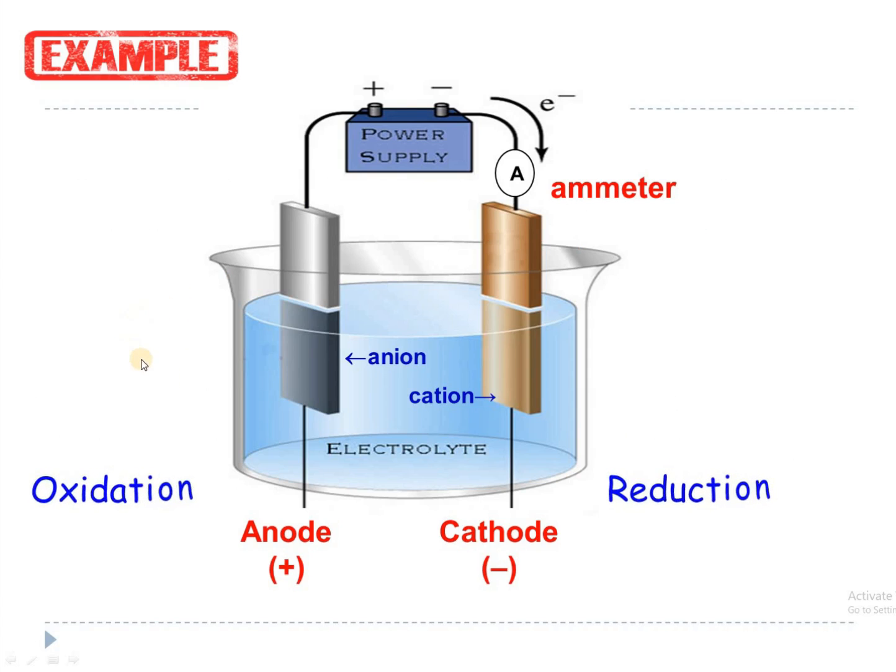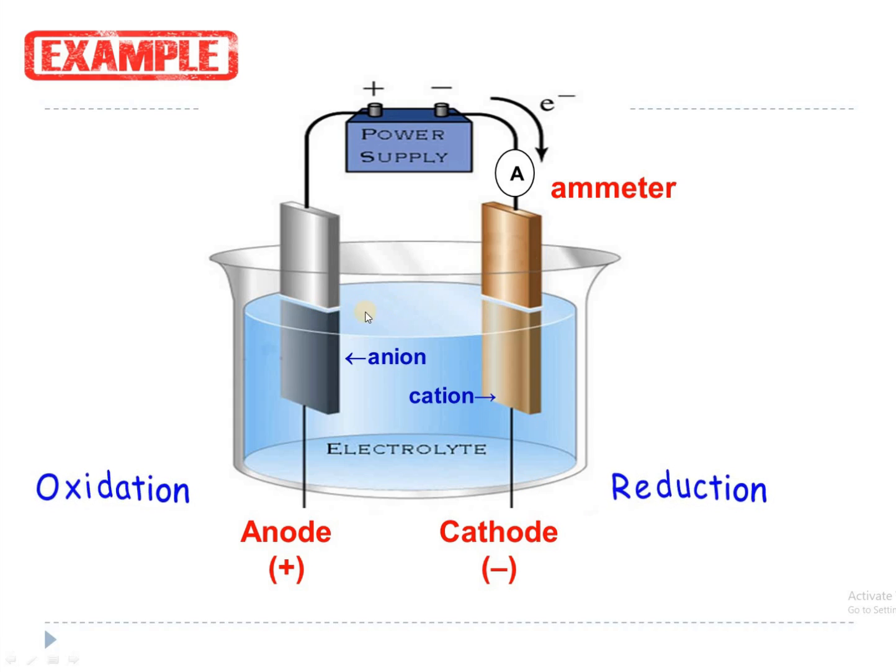This is the diagram for an electrolytic cell. In an electrolytic cell, we have two electrodes. The anode has a positive sign, and the oxidation process occurs at the anode. On the other side, the cathode has a negative sign, and the reduction process occurs at the cathode.